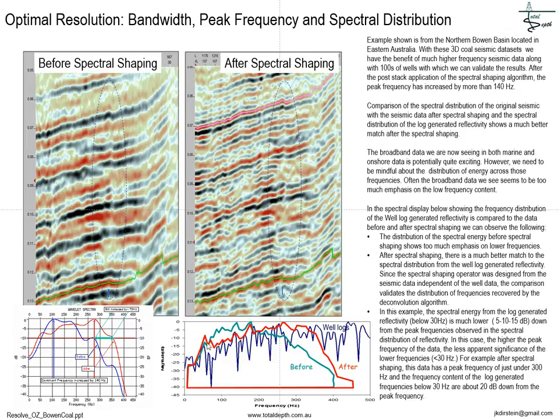And in red here, we can see the spectral distribution of the frequencies in the seismic data after spectral shaping. Now, in this particular case, we can see that the distribution of the data before does not look similar to the well-log reflectivity.